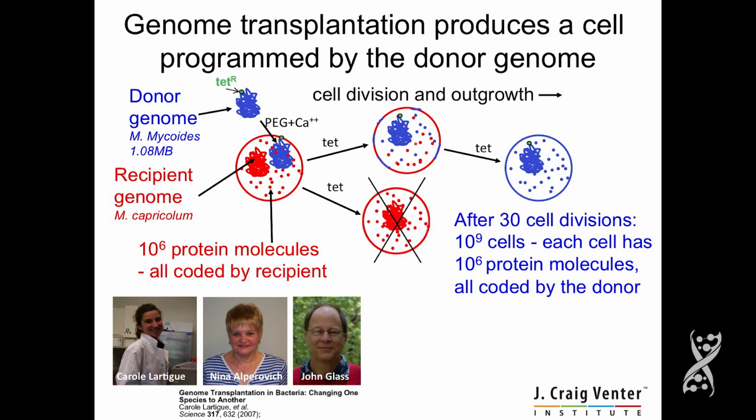Whereas the one that has the donor genome begins to divide, and eventually you get a colony on the plate. And all the cells at that point have only proteins and other components that are derived from the donor genome. So we call that a synthetic cell.